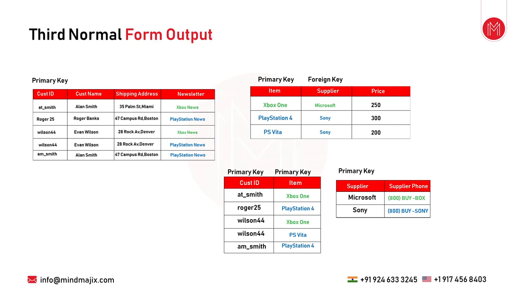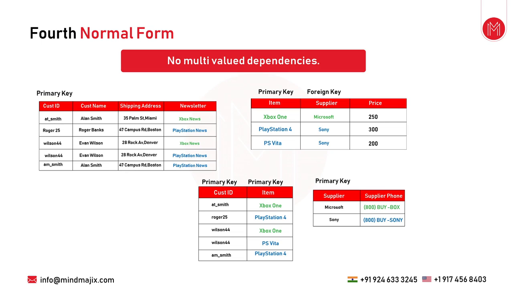The next is the fourth normal form, which is no multi-value dependencies. Now what is a multi-value dependency? If you concentrate on the customer table, you can see that the address of the customer, 47 Campus Road, Boston, has been repeated twice over here. So again, there is data redundancy in terms of the shipping address in the customer table.